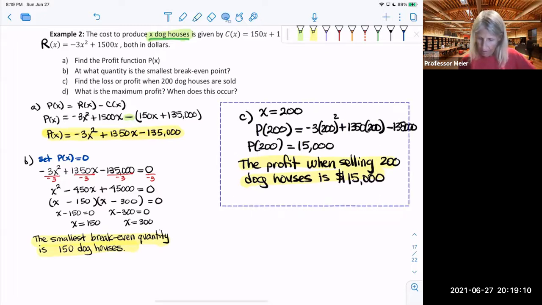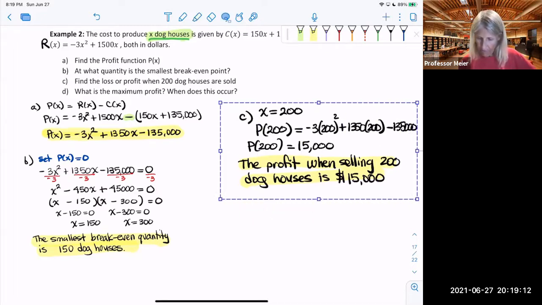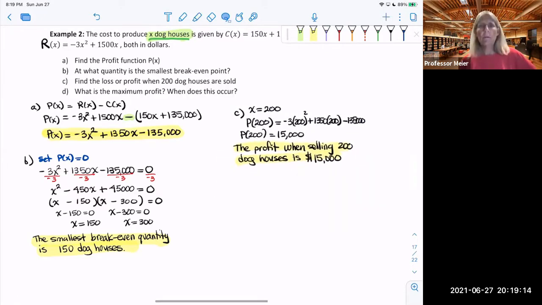One last part, and we're getting a really good review of quadratics, all kinds of things with quadratics here. What is the maximum profit and when does this occur? Okay, so now remember our profit function is a quadratic. And if you notice, this profit function has a leading term of -3, right?